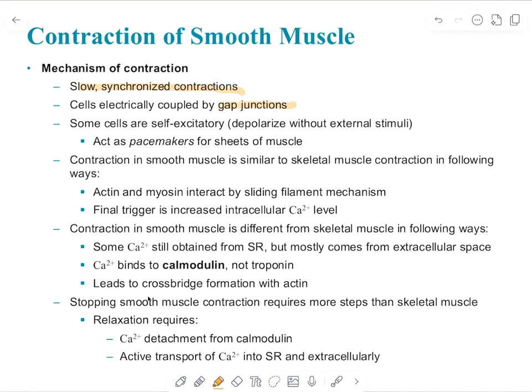It's self-excitatory because it has the pacemakers like cardiac muscle does. It has actin and myosin that still interact by the sliding filament mechanism. The final trigger is increased intracellular calcium level. And remember, that's from the extracellular fluid as well as the sarcoplasmic reticulum.